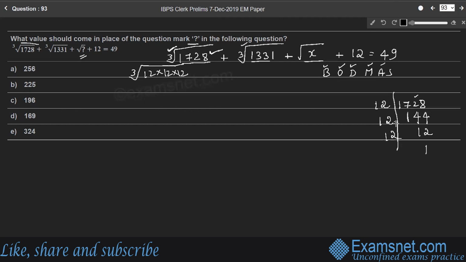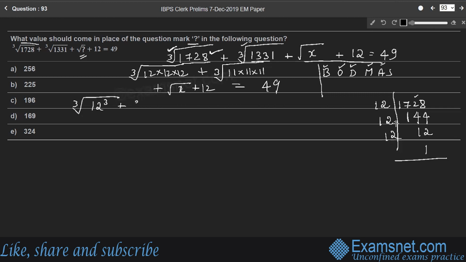That is 12 cube. The cube root of 1331 can be written as 11 into 11 into 11. So you can verify the answer using the factorization method. I just ignore the BODMAS part. The cube root of 12 cube plus the cube root of 11 cube plus the square root of x plus 12 is equal to 49.